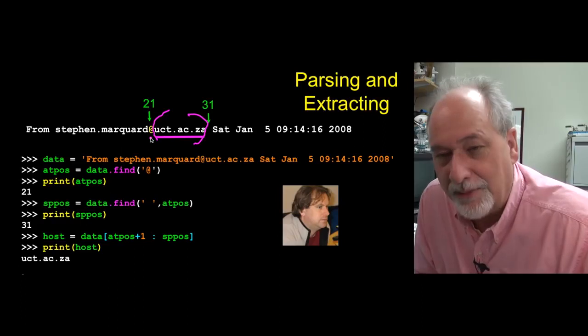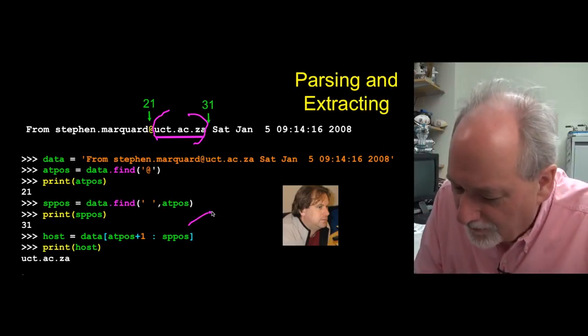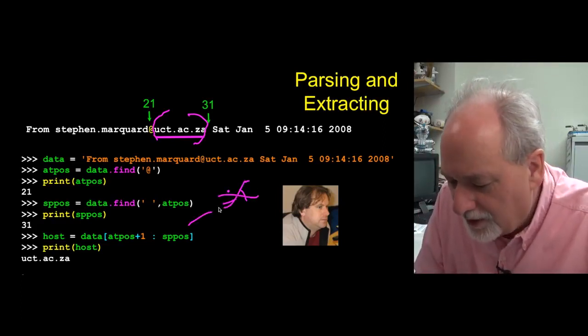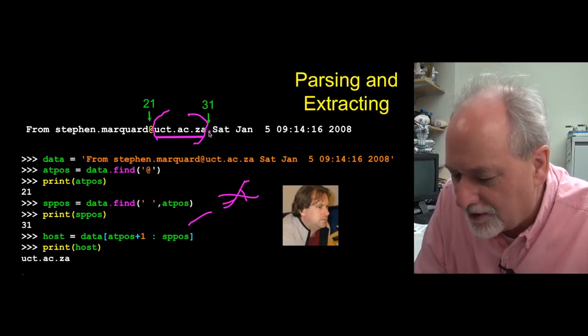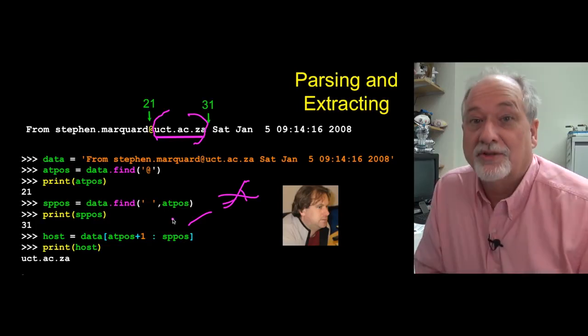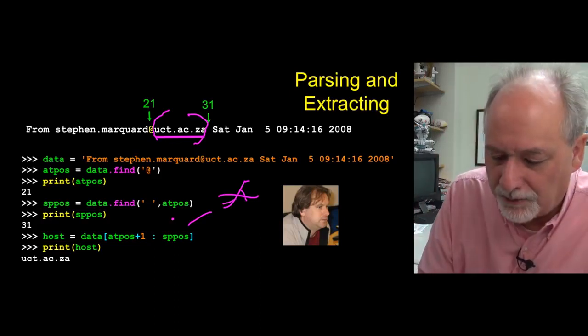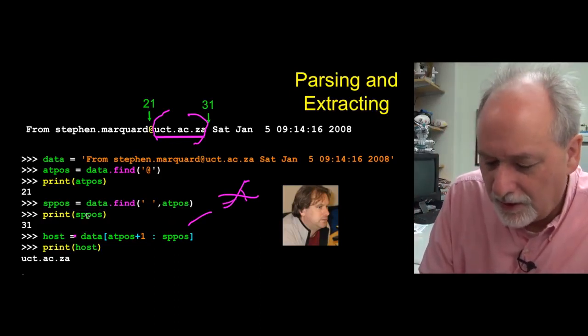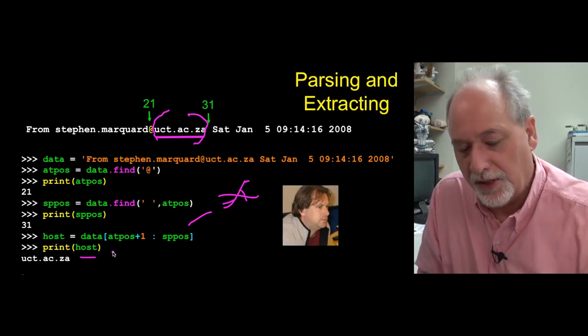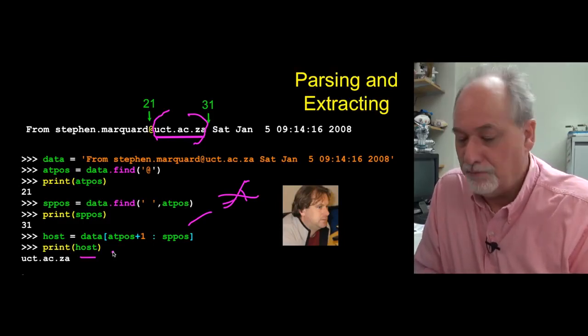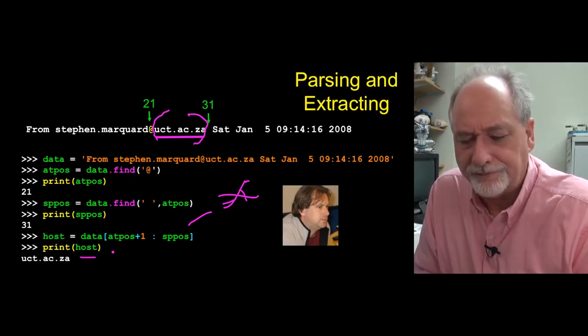The thing at the position of the space is not included. That's already a little benefit of the up to but not including. And so when we print this variable out, host, we get exactly just the school that Stephen works at and probably went to, as a matter of fact.